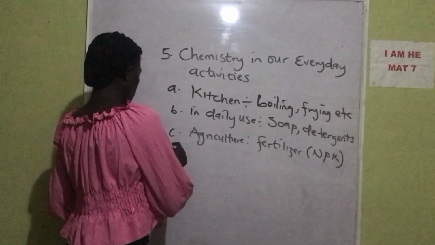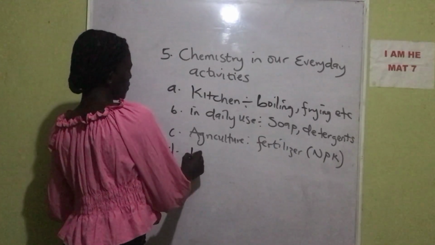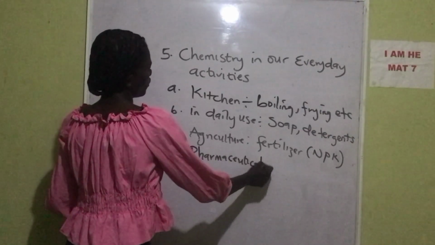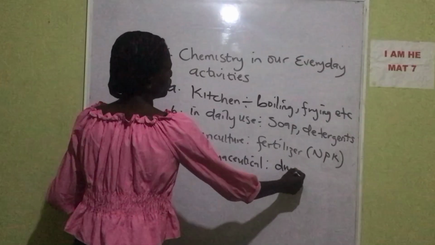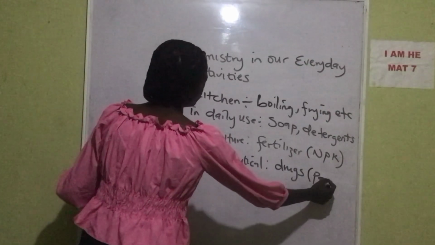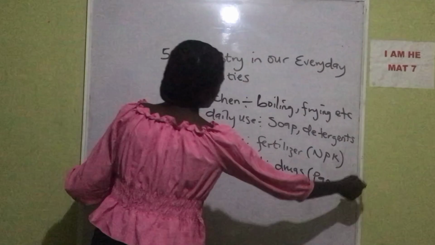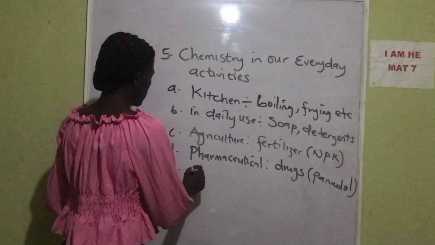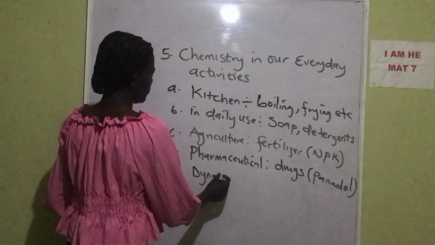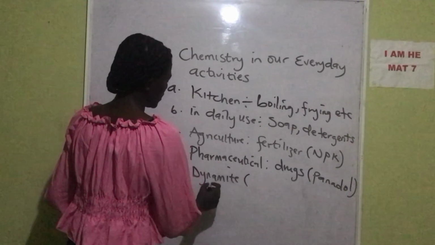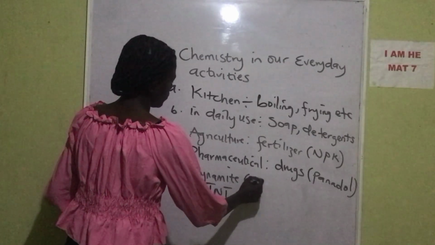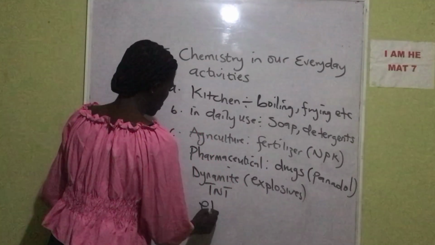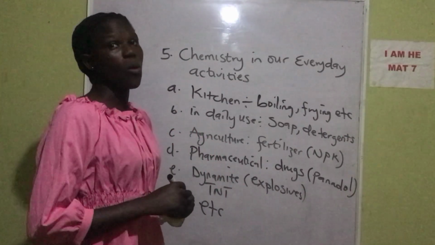You can see it in drugs, the pharmaceutical industries, drug production, for instance your Panadol, and so many others. The making of explosives, like dynamite, TNT. So chemistry is applicable in all areas of life.